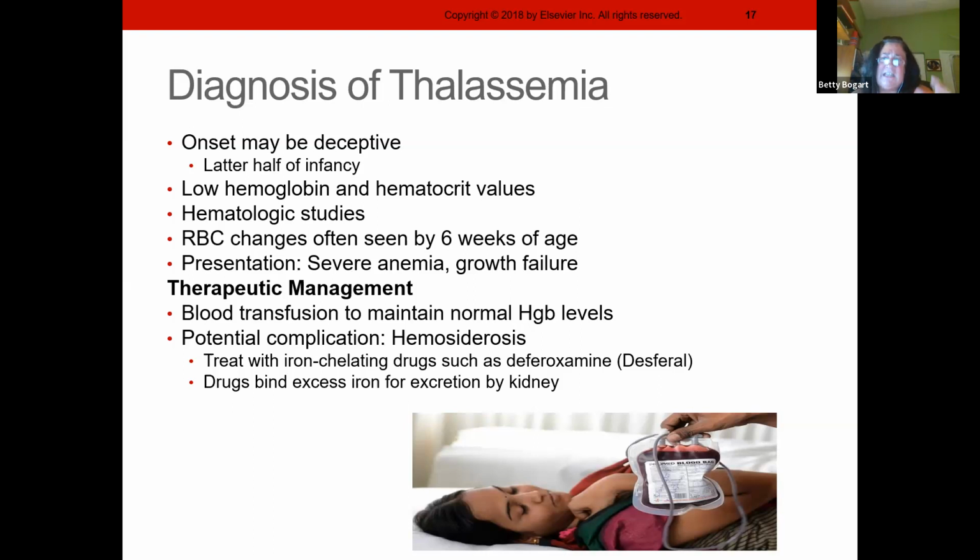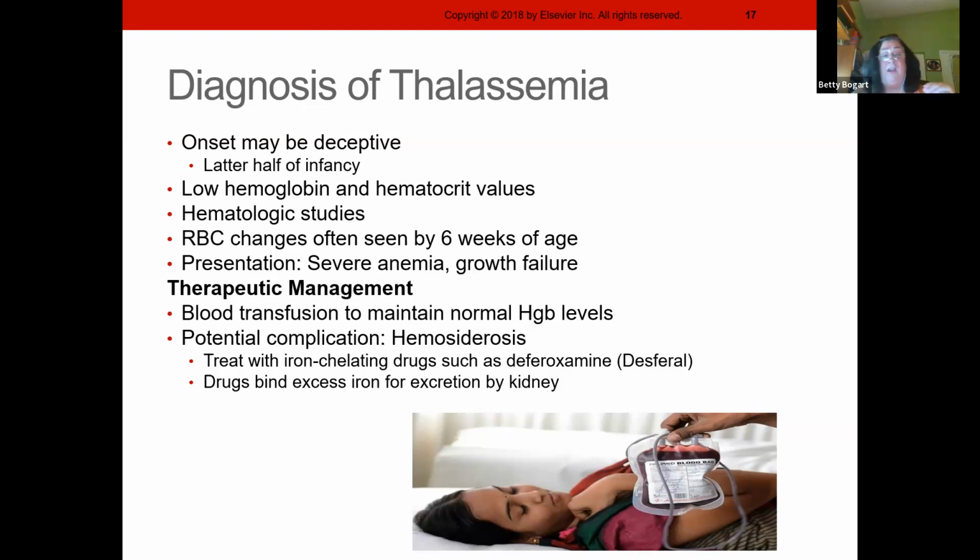If we start to see that the hemoglobin and hematocrit are going too low too quick, you'll usually see these kids with severe anemia. They're not growing the way they should. They're not getting iron. They're not getting oxygen. They're going to see a kid that's too small. And on that CBC, they're going to see those RBC shapes. They're not the way they should be. And at that point, we know that we need to watch them closely.